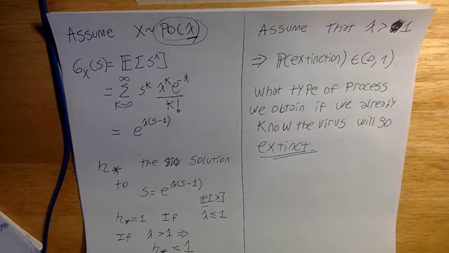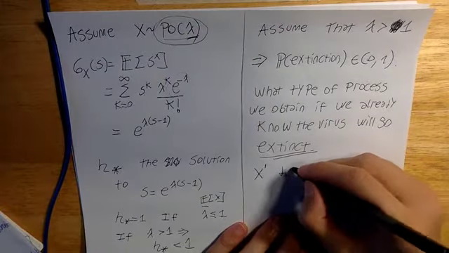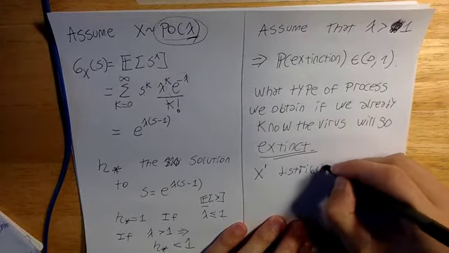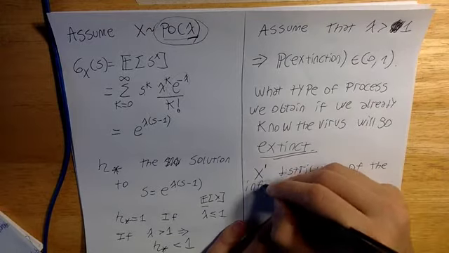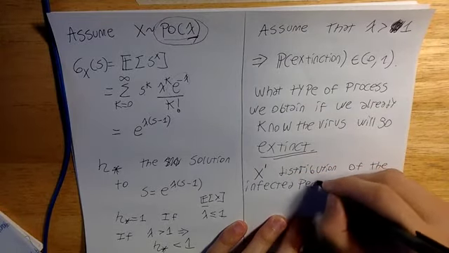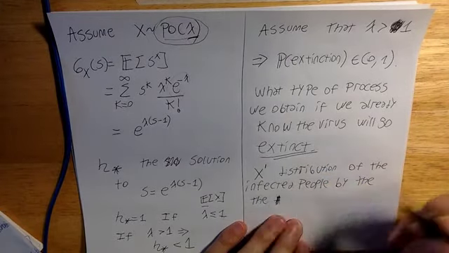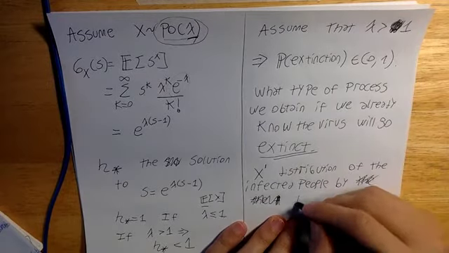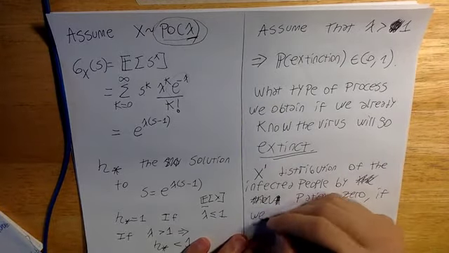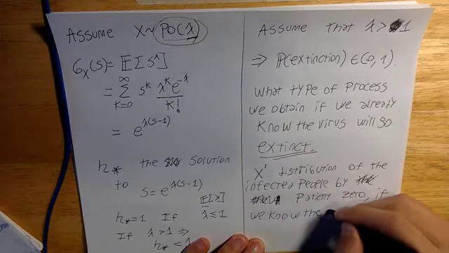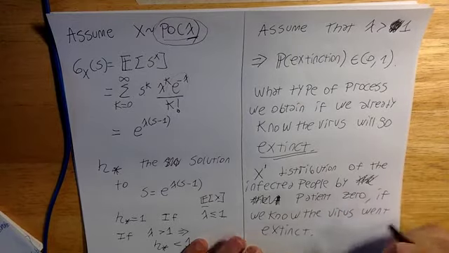We're going to consider x prime, which is the distribution of the number of people infected by patient 0, if we know the virus went extinct.